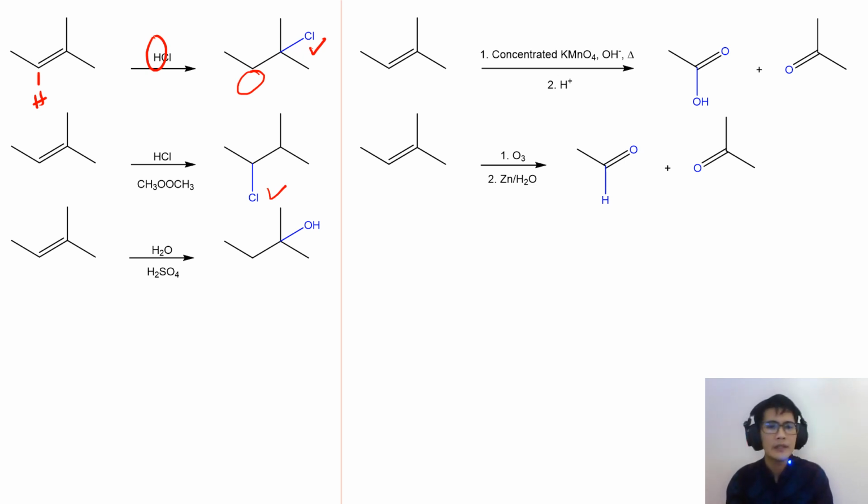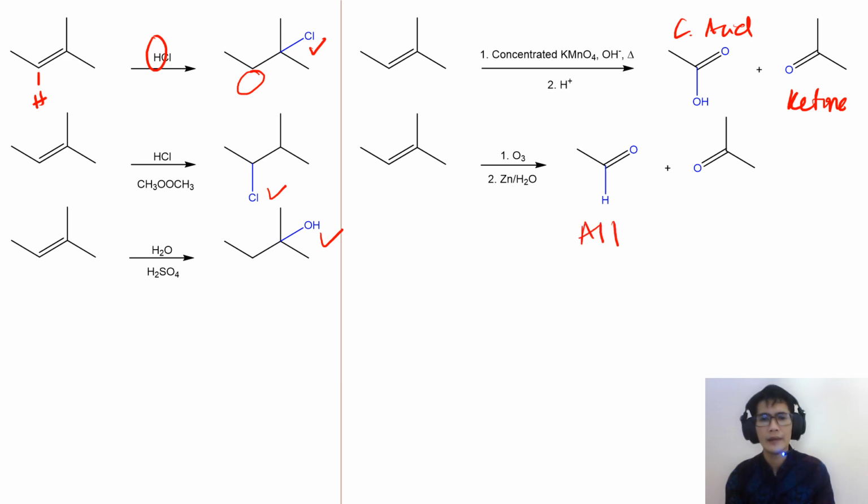For the hydration, the hydroxyl group is added to the tertiary carbon. Okay, hot concentrated KMnO4 oxidative cleavage produces the carboxylic acid and the ketone, while the ozonolysis will produce the aldehyde and ketone. Alright.